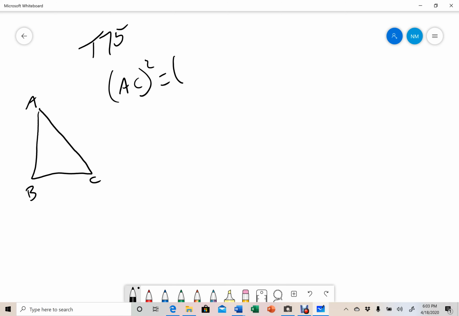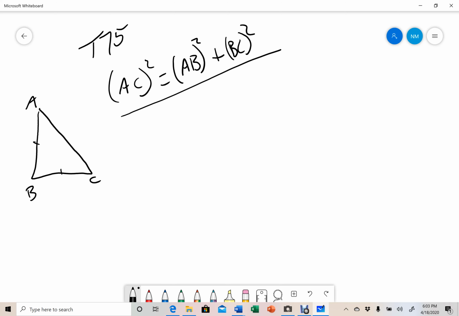So this is equal to AB, which is this leg, squared, plus BC squared. So theorem 75 is stating that my hypotenuse squared is equal to, if I were to take side AB and square it and add it to side BC squared. So theorem 75 would lay out something like this.